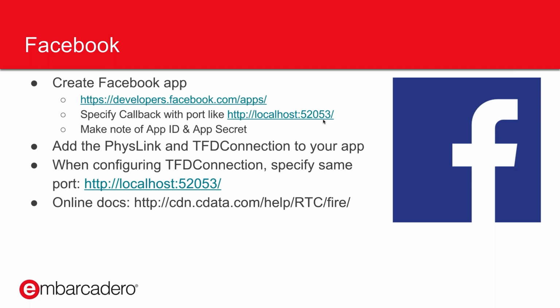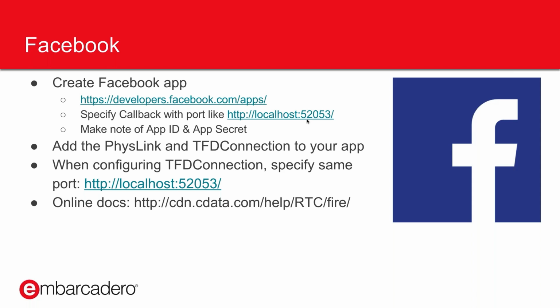Facebook changed their security recently so that you can't just specify localhost or 127.0.0.1. You have to include the port number on it if you're going to be redirecting to a port number. It doesn't treat all port numbers the same, or at least in my testing it didn't. Beyond that, everything's the same except in your connection component, you need to make sure this matches this.